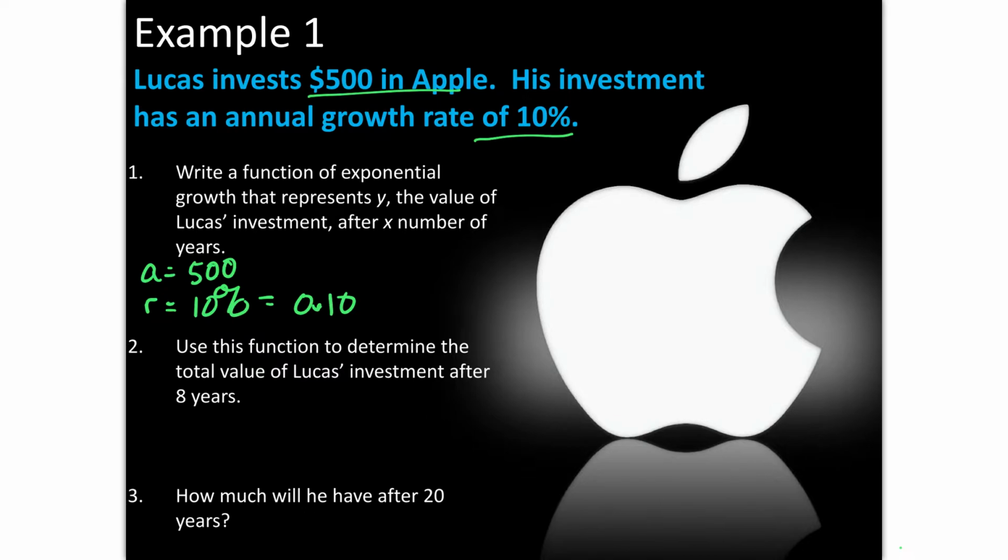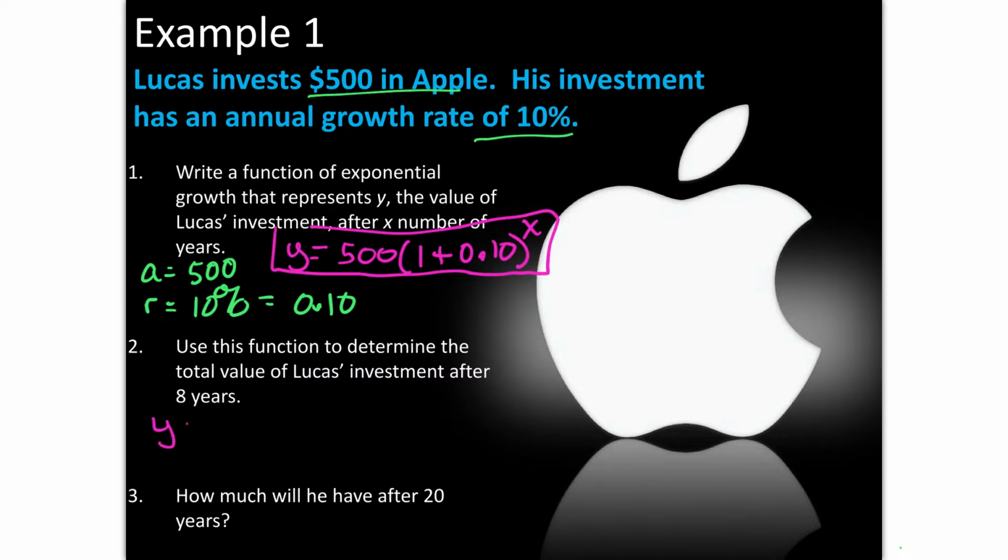So my equation would look like y is equal to my initial amount, 500, times the quantity of 1 plus 0.10 to the x power. Okay, now the second question is, use this function to determine the total value of Lucas's investment after 8 years.